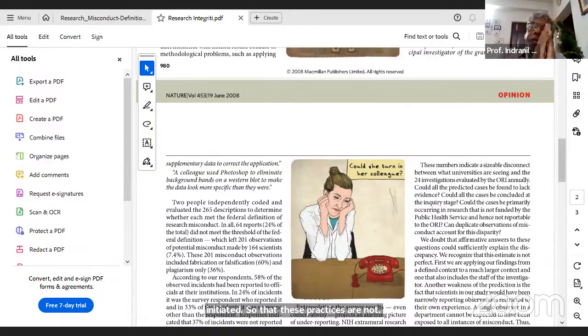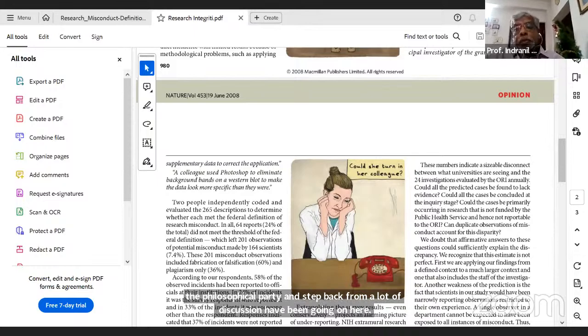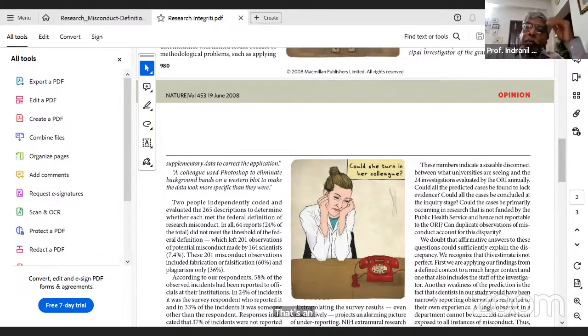You see, one of the objectives, if you again go back to the philosophical part and step back from a lot of discussion that has been going on here: as an organization, what should you do? See, my own take on this is, it is no use penalizing an individual or penalizing a group.